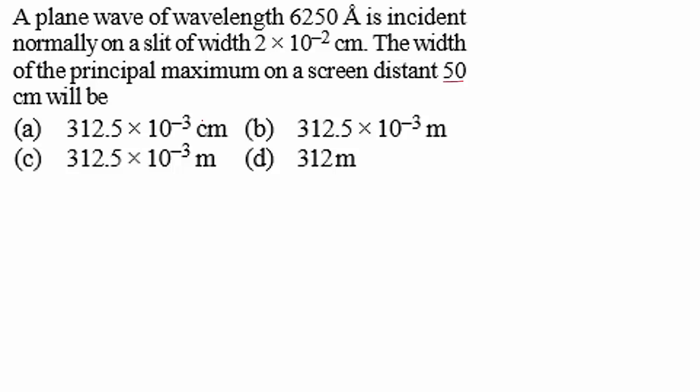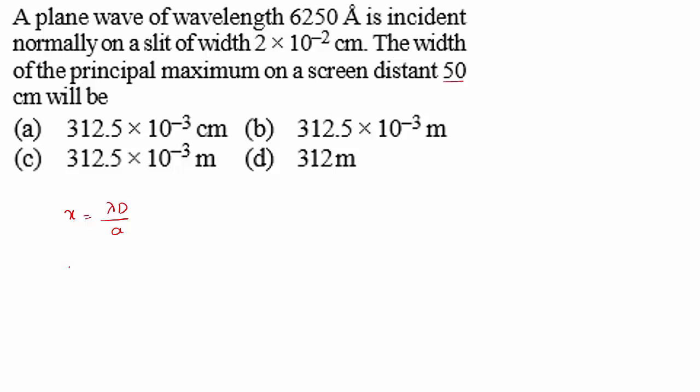See here, width of central maximum. Directly we have the equation for central maximum. I am going to write x equal to lambda d divided by a. What is x here? X is the distance from central maximum to first secondary minima.